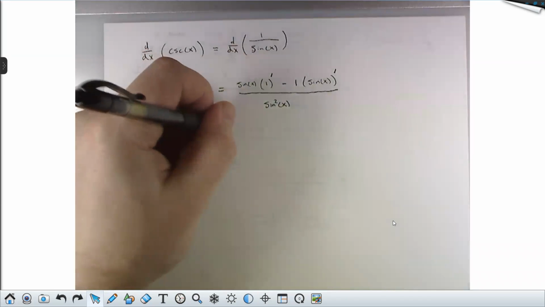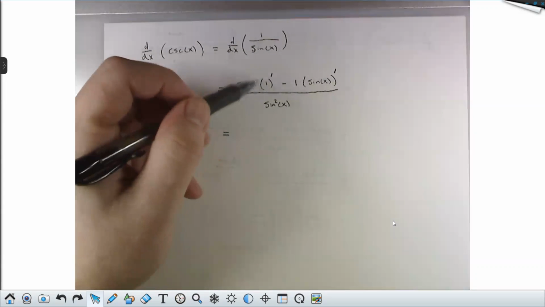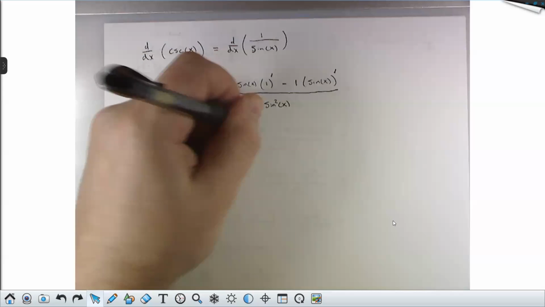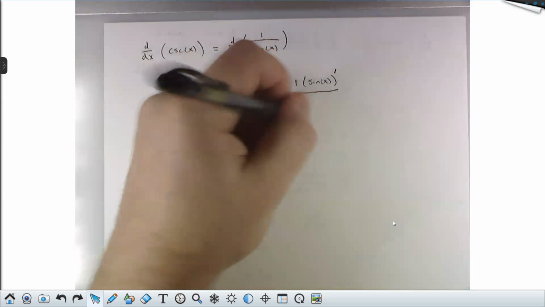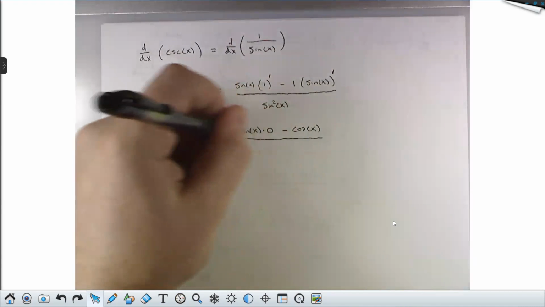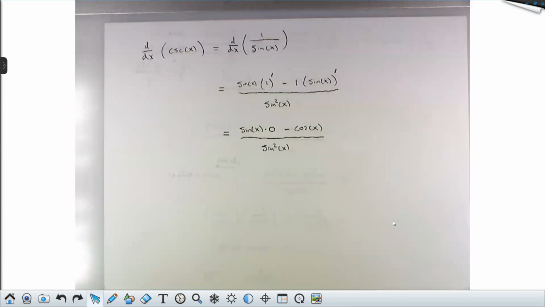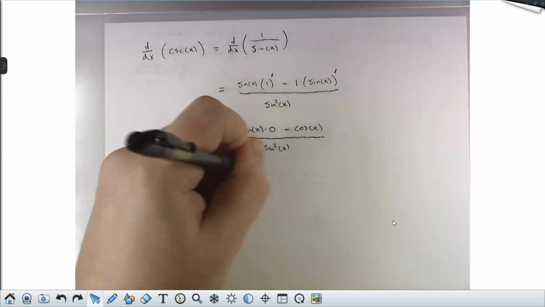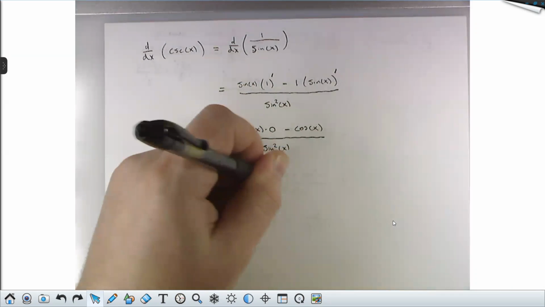So help me out. What are the pieces here? What is 1 primed? What's the derivative of the constant 1? 0. 0, good. So the numerator is sine x times 0 minus 1 times the derivative of sine x, which is cos x. All of that is over sine squared x. Now sine x times 0 is 0, so this is negative cos x over sine squared x.